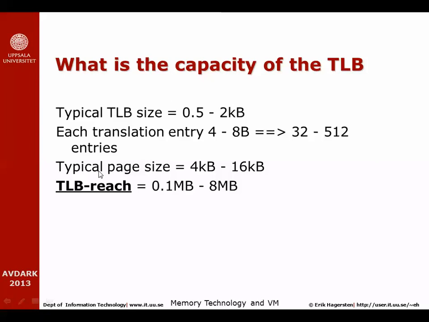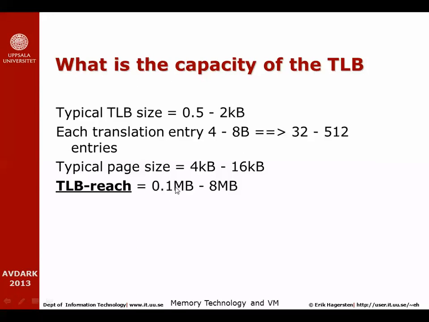Typical page size is, let's say, 4 kilobytes, or sometimes a little larger, so maybe between 4 kilobytes and 16 kilobytes. That means the TLB reach of this cache design, if you have 32 entries, you multiply by how large a data capacity those 32 pages, for which we have the translation in the TLB, can use.